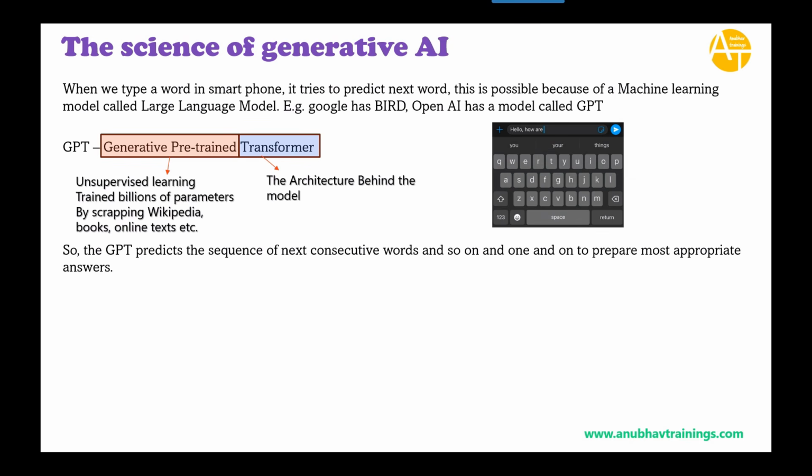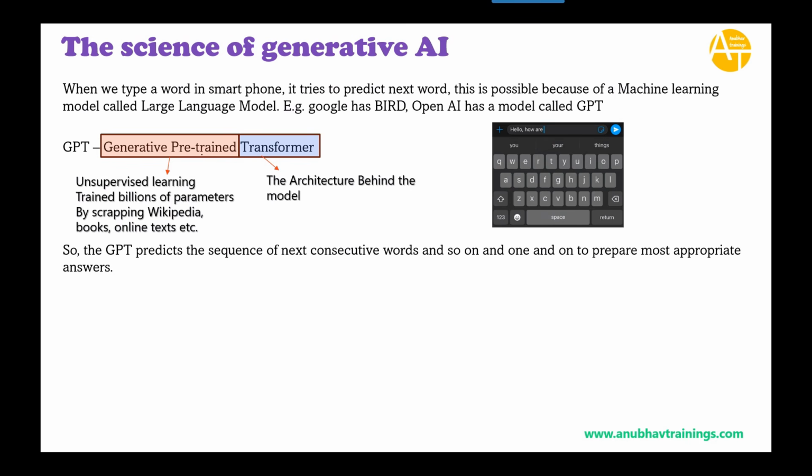So what is the full form of GPT? Generative pre-trained. So it's generative, it can generate new content. Pre-trained means it's trained by a company called OpenAI. They have invested millions and billions of dollars to train with billions of parameters, and they have created a neural network.